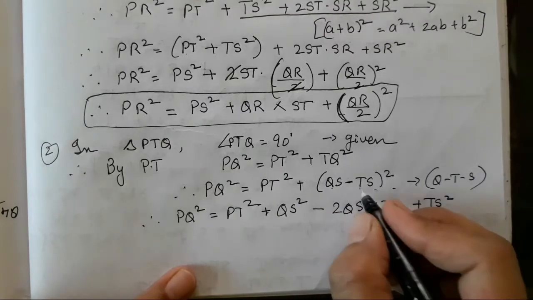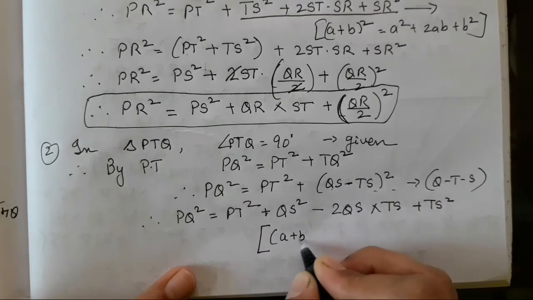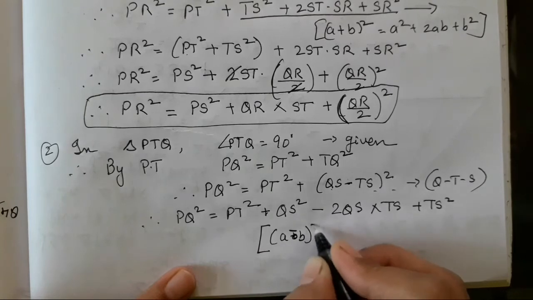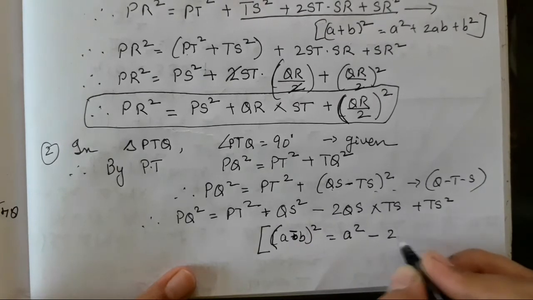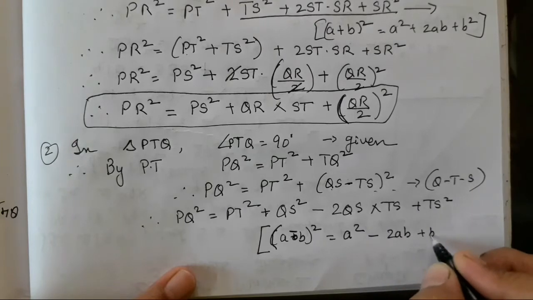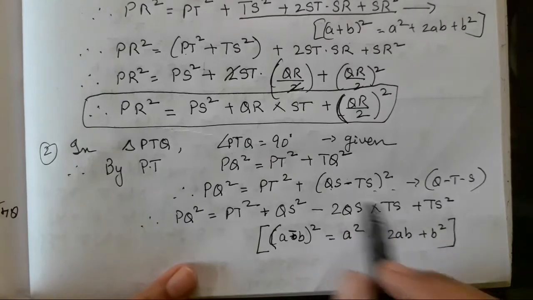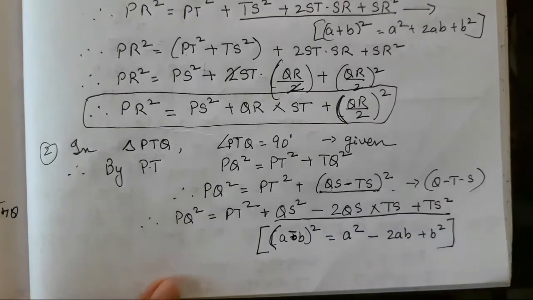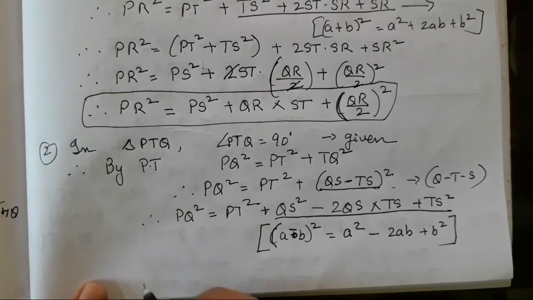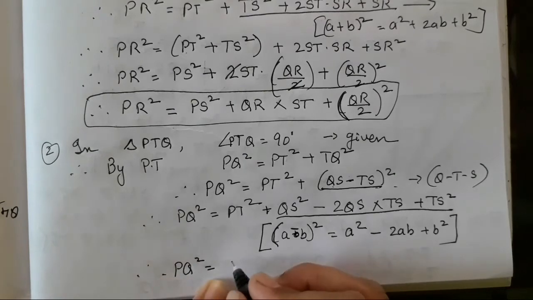So this is your A, this is your B, and what we have used is the (A minus B) square formula, that is A square minus 2AB plus B square. Got it? So this is the formula that we have used, and then we have expanded this. Now therefore, the same step as we did for question 1, we have to do the same.